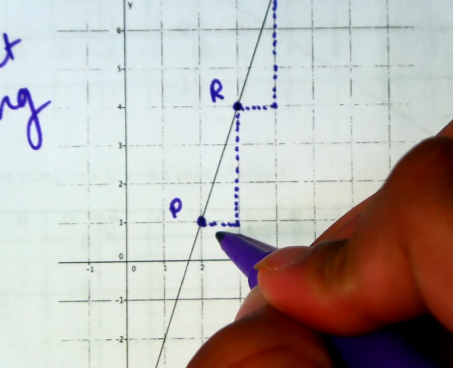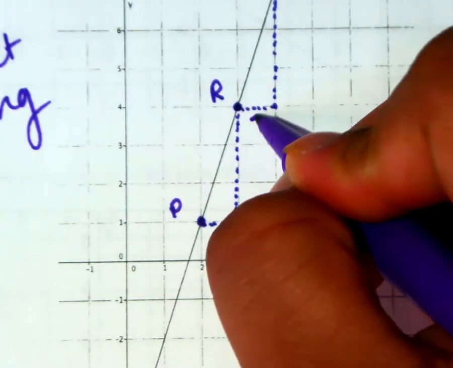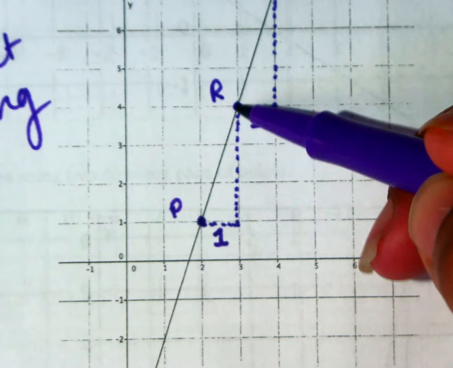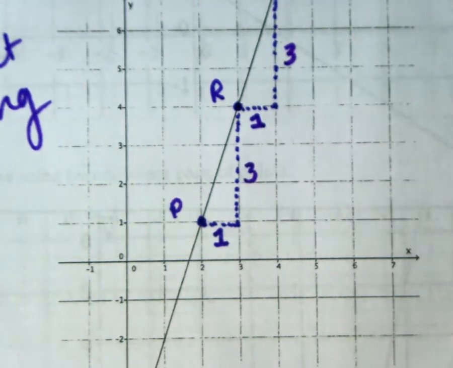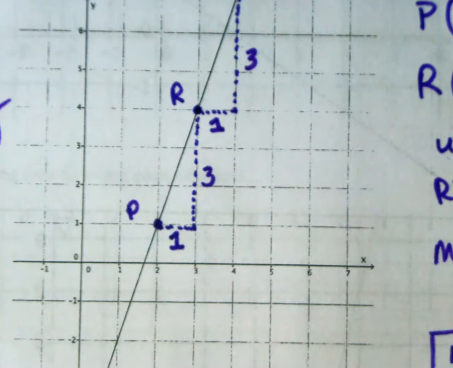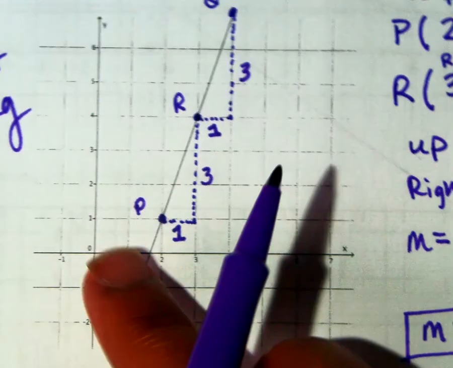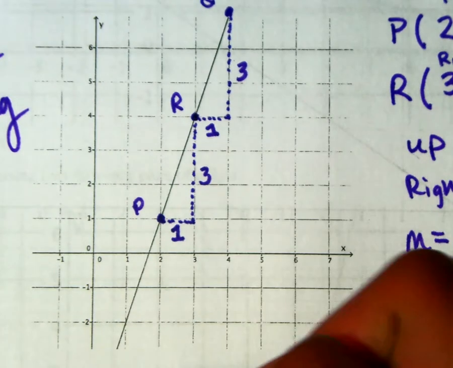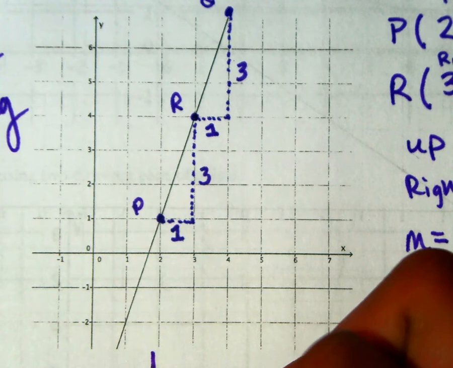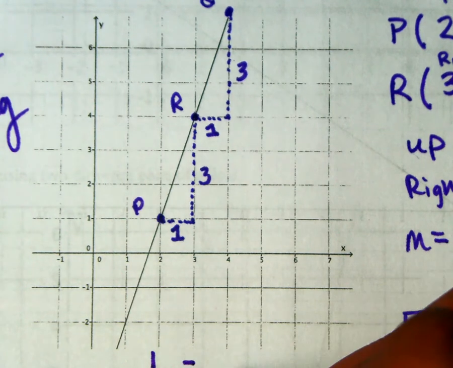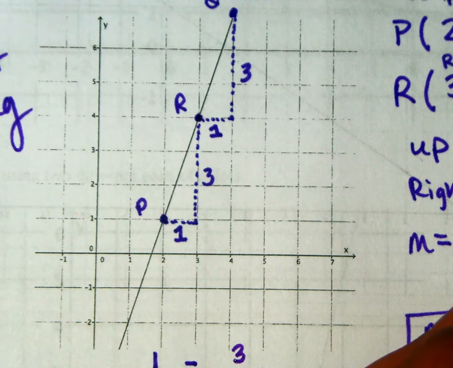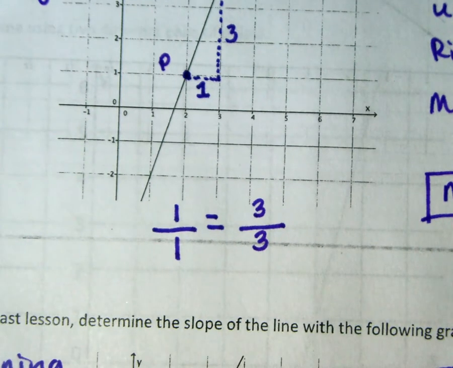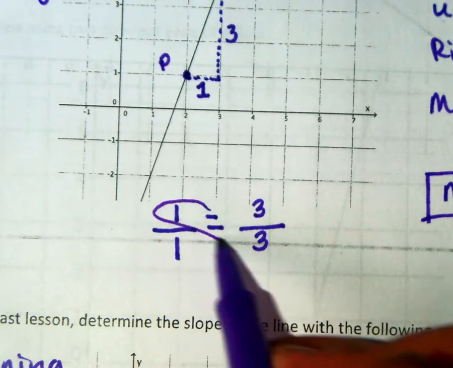Because my bases all are going to measure 1 unit, and my heights all measure 1, 2, 3 units. So when I compare my corresponding sides, when I compare my bases, 1 to 1, to my heights, 3 to 3, I get an equal proportional ratio.